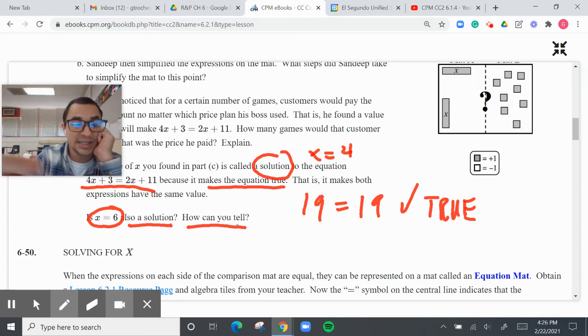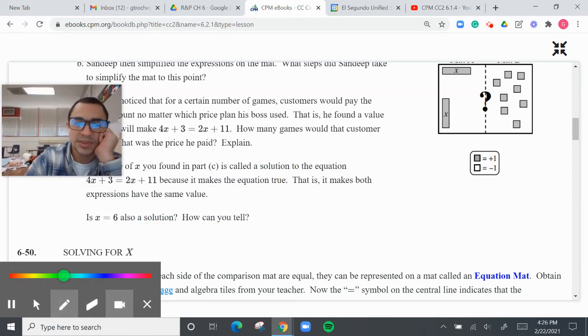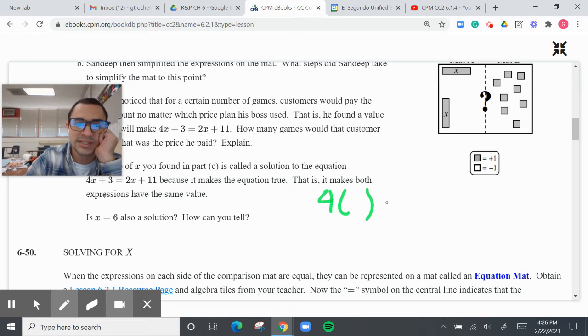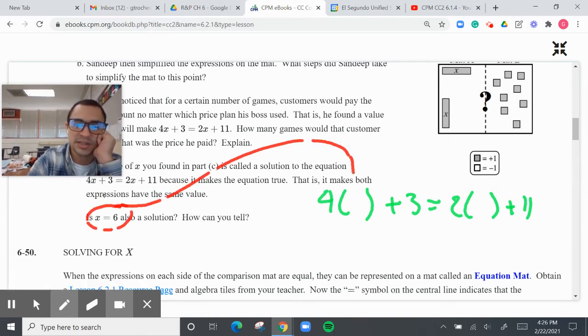You plug it in and you double check. So let's go ahead and do that right now. So we're going to plug in 4 parentheses, 2 parentheses plus 11, and I'm going to use red as my x. So I'm going to plug in 6 there and there.